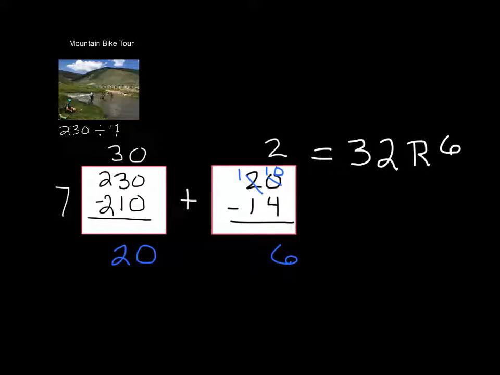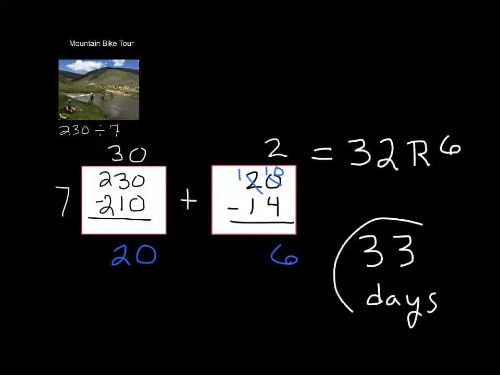So, in answering this question, how many days is it going to take? If I ride 7 miles each day, it's going to take me 32 days, and I'm going to have 6 miles left over that I would need to do on the next day. So since I do have some left over, it would actually take me 33 days, because I do need to do those extra 6 miles.